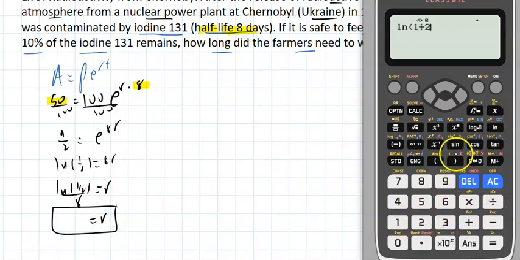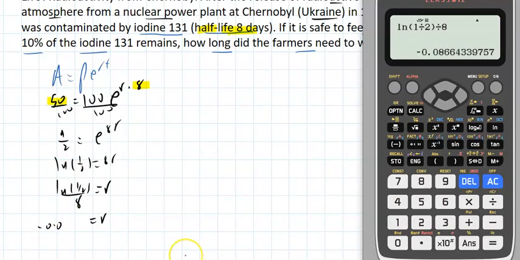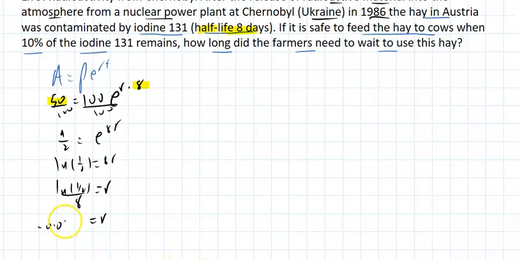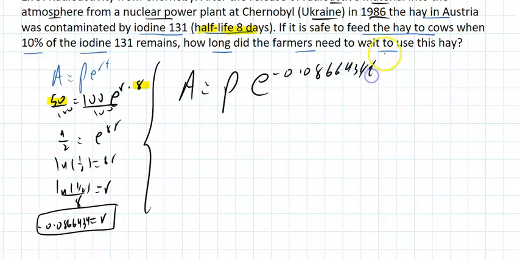That will be negative 0.0866434. So, out of this, I get A equals whatever is present, e to the negative 0.0866434 t. Now, for them in Austria to be able to use this hay, they need 10%.